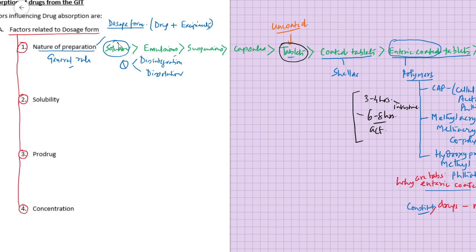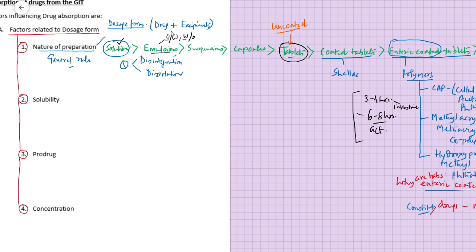Solutions would be the most rapidly absorbed, and then emulsions. An emulsion is basically a biphasic system where you have an oil in water or water in oil emulsion. Depending on whether the drug is more lipid soluble or water soluble, these drugs are formulated as emulsions.